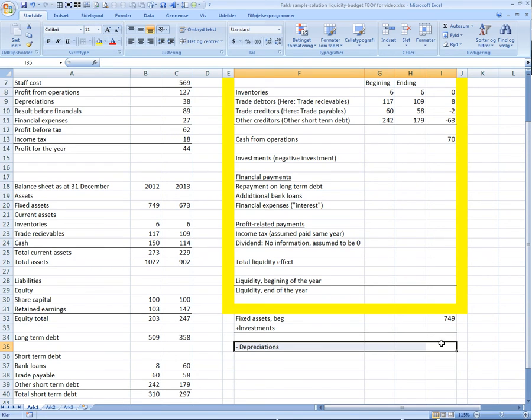Depreciation, we have them up there. That's 38 million. And then we would have fixed assets at the end of the budget year. And actually they tell us how much that is. So they're up here.